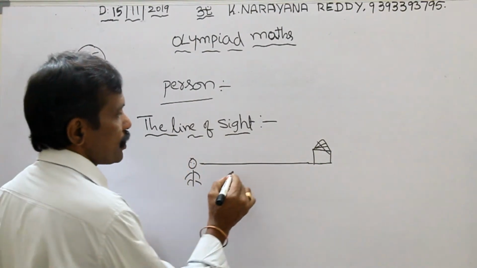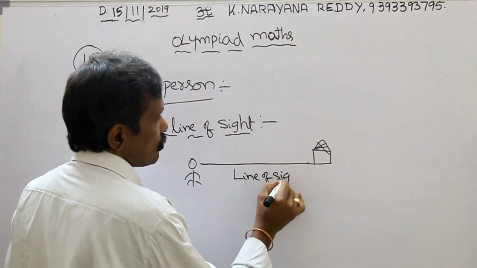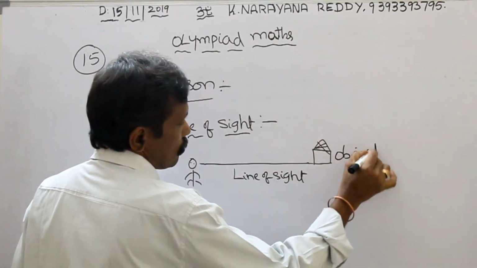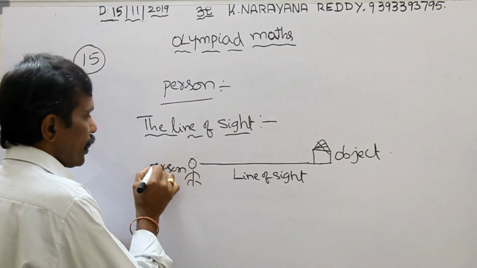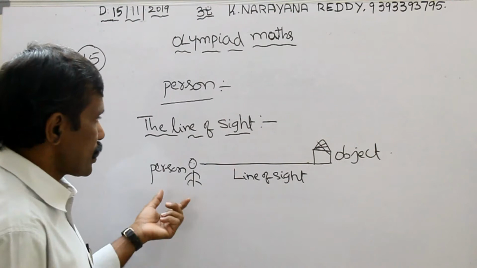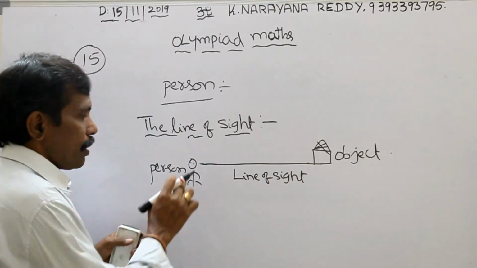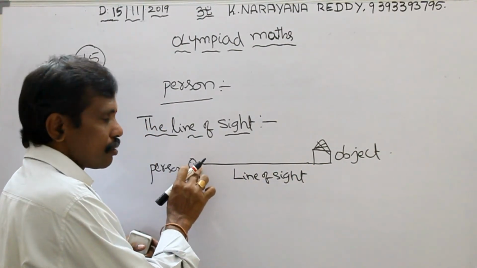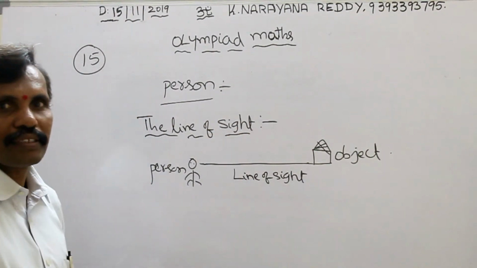So this is line of sight. This is an object. This is person. Okay? This is person, object. This is line of sight. That means the person is observing this object through eyes. This joining line is called line of sight.